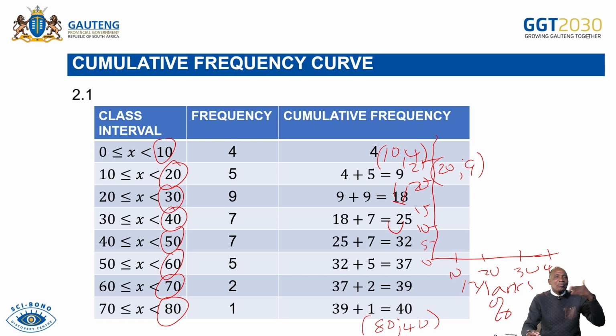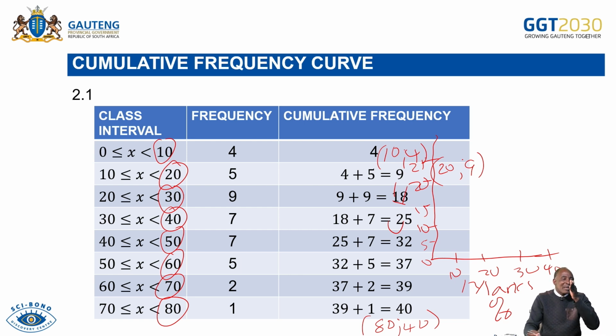You don't cherry pick and say, today I'm going to draw it with the lower boundary. It's going to, yes, produce a curve, but that curve is using a less than or the lower limits. All cumulative frequency curves are drawn using the upper boundaries because they are adding up to that particular upper value for each class.